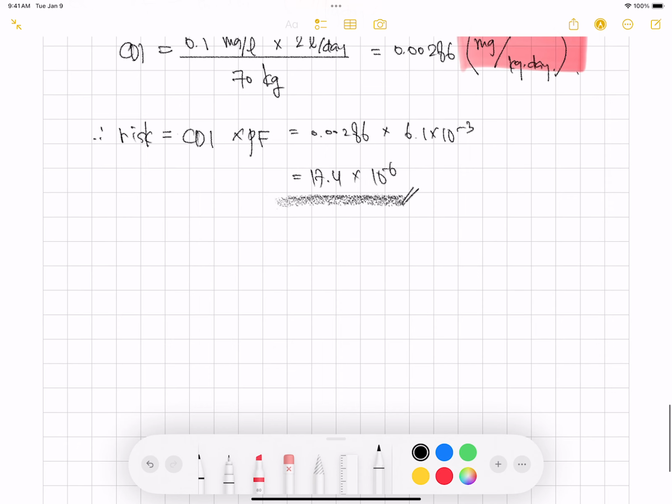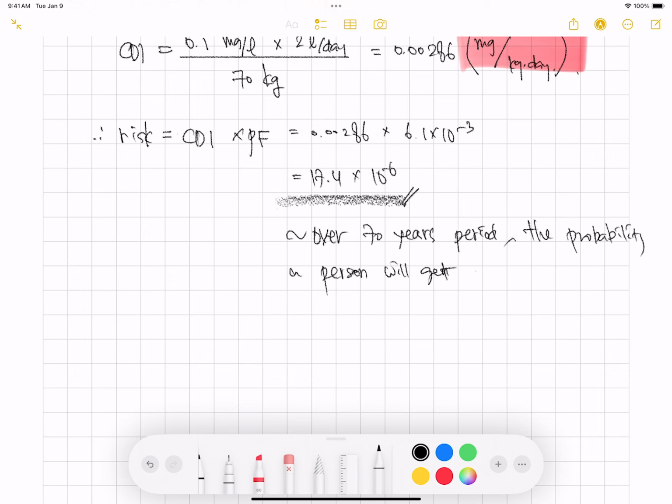So what this number means: over a 70 year period, this number is the probability a person will get cancer from chloroform in water, right?